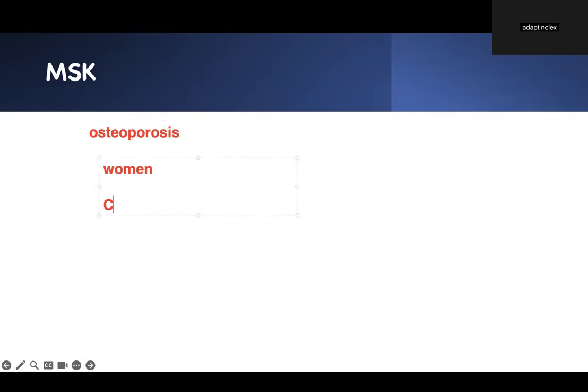Therefore, make sure they get calcium and vitamin D. Make sure they're doing weight-bearing exercise. This will help with the joint and the bone. Smoking, avoid it as much as possible. Caffeine is one of the things they should also avoid.